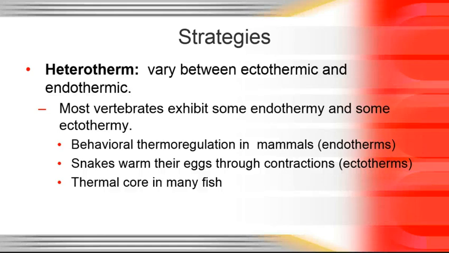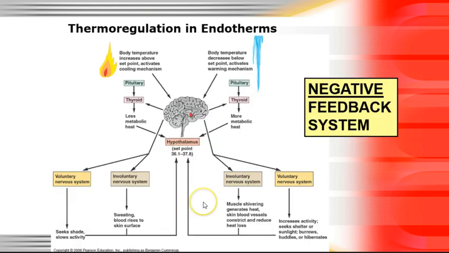A true heterotherm has pretty much an equal mix of both. But here are some examples. Behavioral thermoregulation in mammals is actually an ectotherm strategy, and these contractions that snakes use are actually an endotherm strategy.